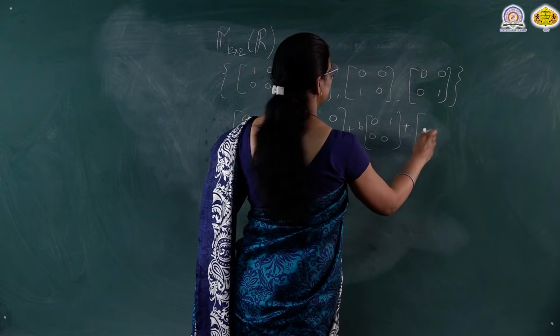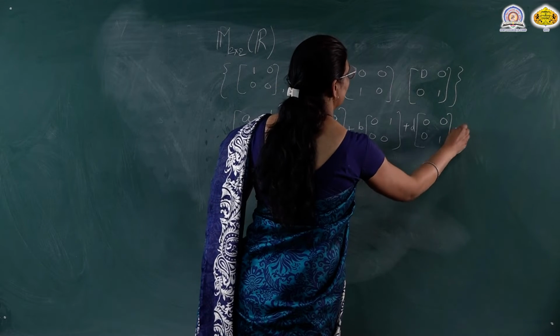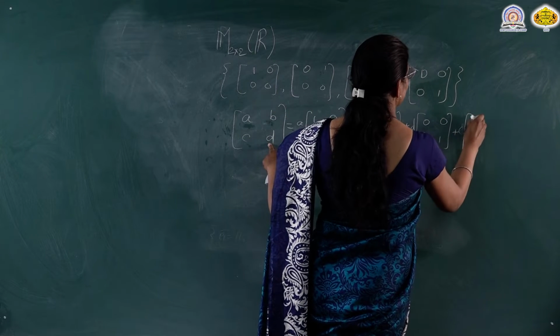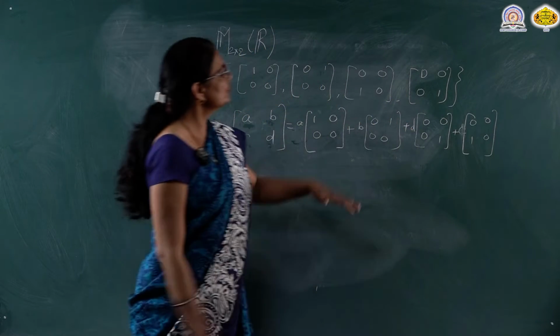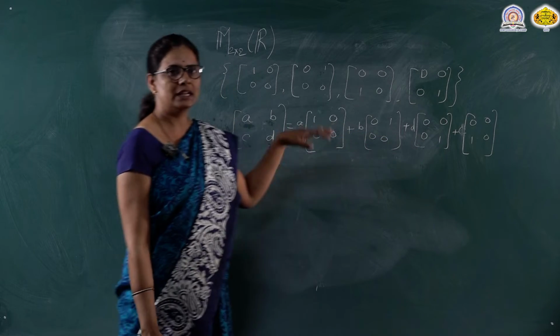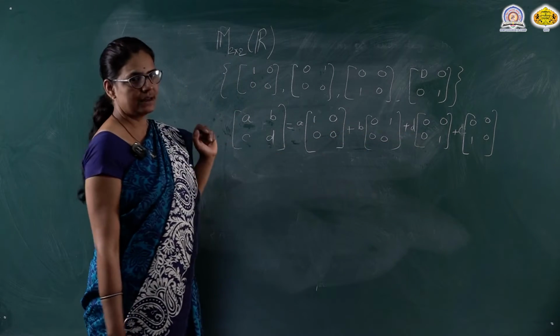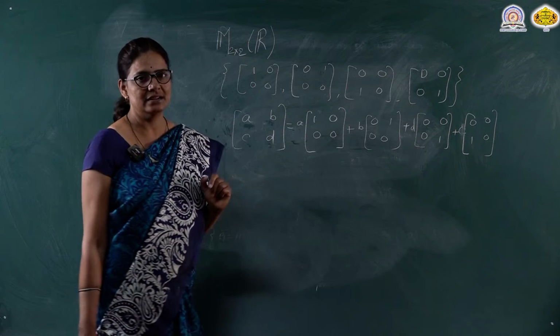Similarly, write the next ones: D times [0 0; 0 1] plus C times [0 0; 1 0]. If you solve the right hand side, you can easily check that this addition is the same as this matrix. Here A, B, C and D are the scalars.